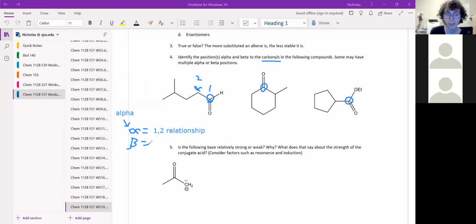What should beta be? Yeah, it's the next one over, the one free.